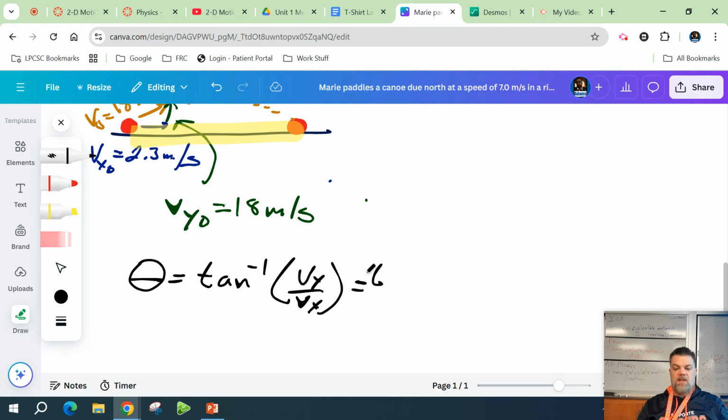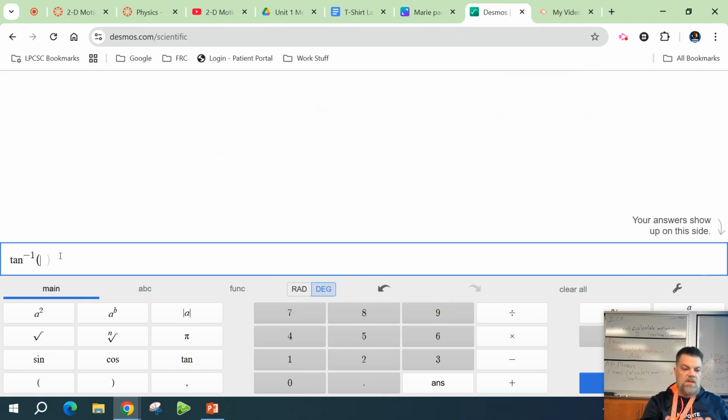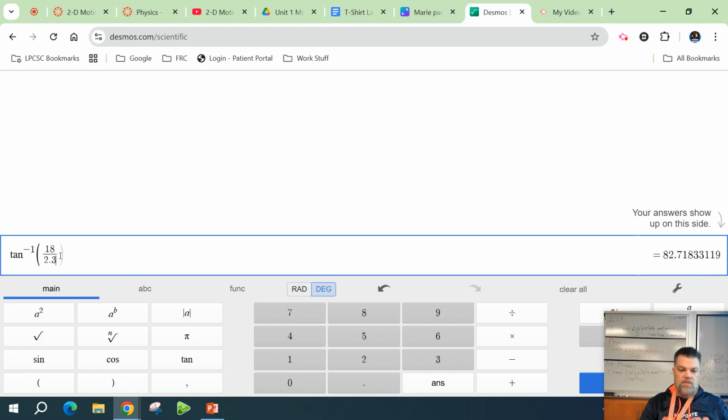I need to know the arctan of 18 meters per second all over 2.3 meters per second. All right, cool. Plug that in our handy dandy calculator. 18 divided by 2.3, it's 82.7 degrees.